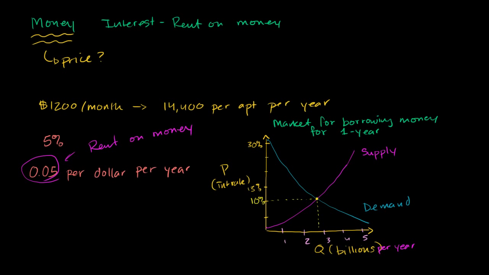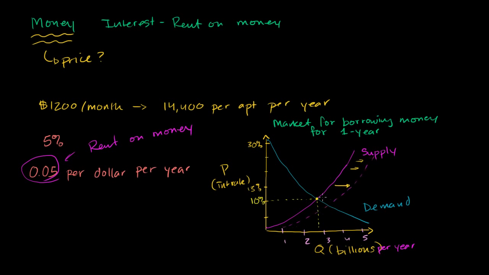Well, then all of a sudden, at any given interest rate, the supply will go up. So the supply curve will shift in this direction. So we might have a new supply curve that looks something like this.